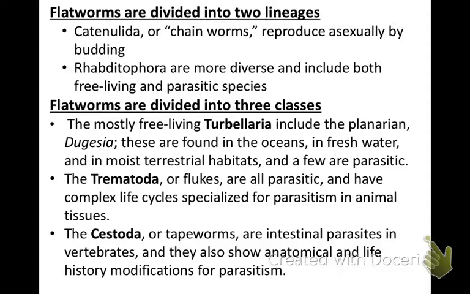So we have the Turbellaria, which would include the planarians, such as Dugesia. Then we have the Trematoda, which are the flukes, and this class is exclusively parasitic. Then finally we have the Cestoda, which are the tapeworms, and they are intestinal parasites of vertebrates, and they have a number of specializations for the parasitic lifestyle that we'll talk about.